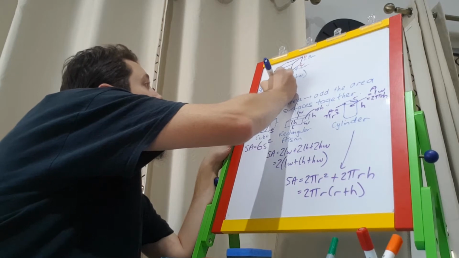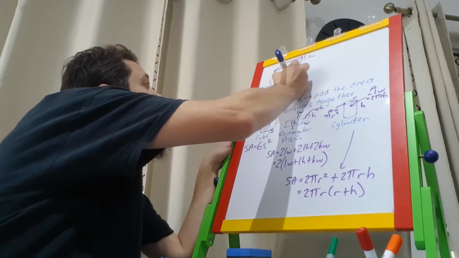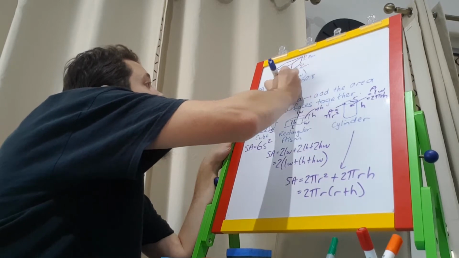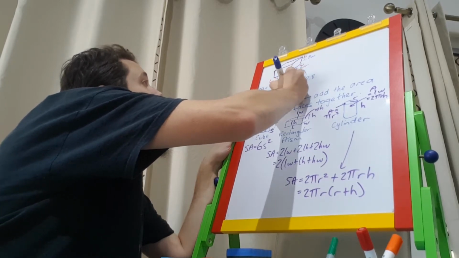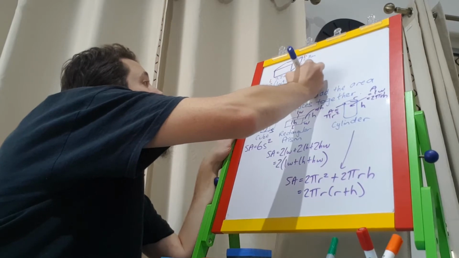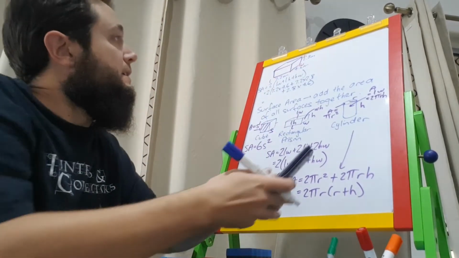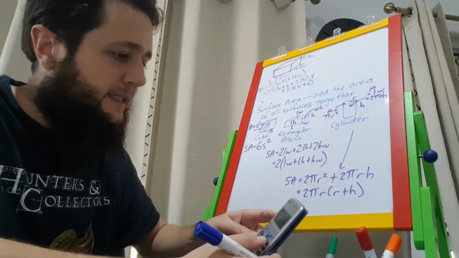Length is 7.2, width is 4.6, length is 7.2, height's 2.8, height is 2.8 and width is 4.6. Alright, so from there we can plug that in our calculator.